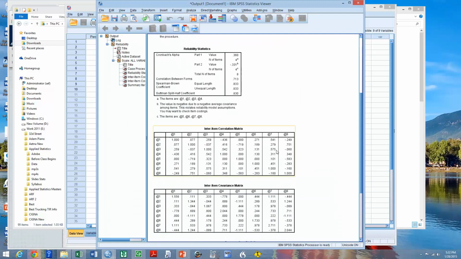So basically it's the third split half method that we've got. They look at the first 4 items and the second 4 items, and here you can see the correlation that we got back on our spreadsheet of 0.713.